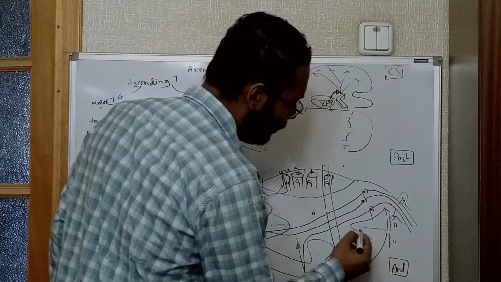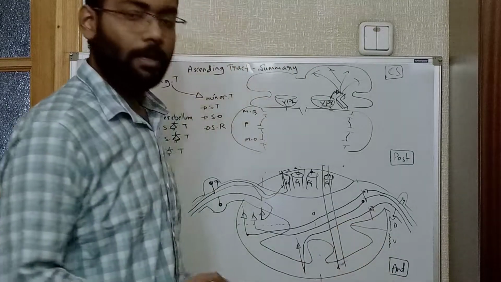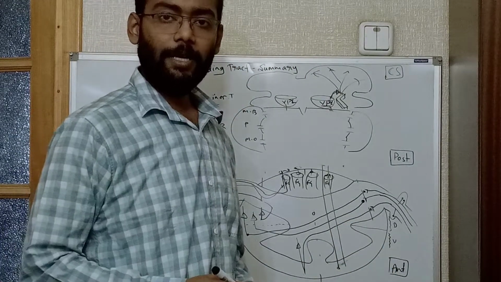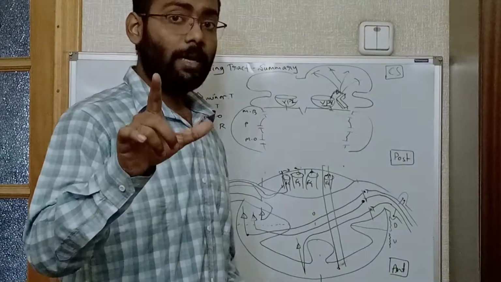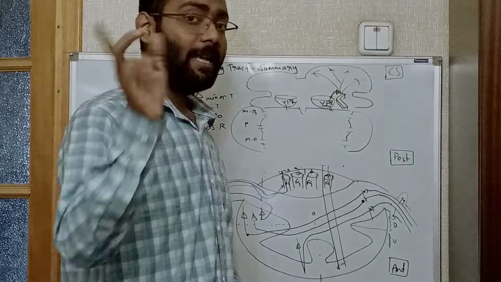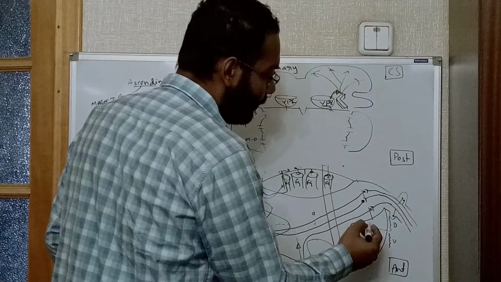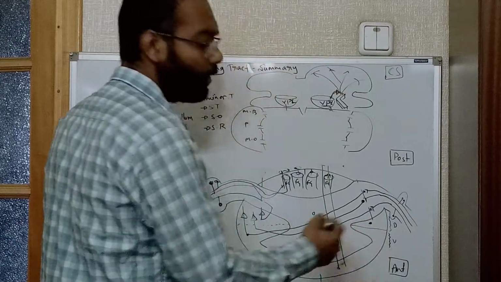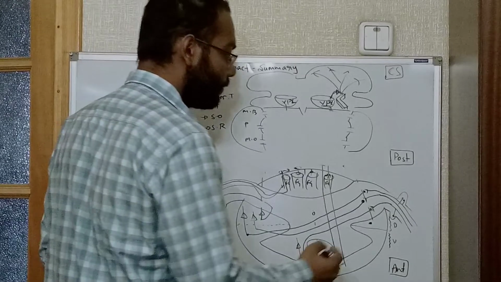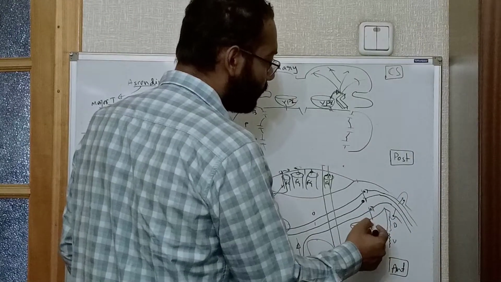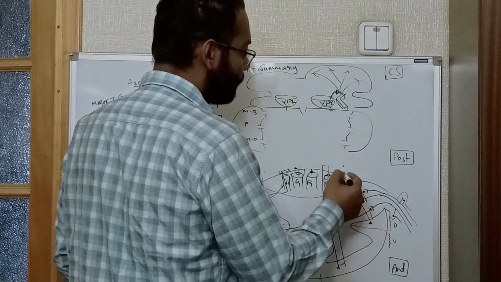So I already told you to divide the lateral white column into anterior and posterior when talking about fibers ending up in the cerebellum. Now see, fibers coming from dorsal or posterior will ascend like this.